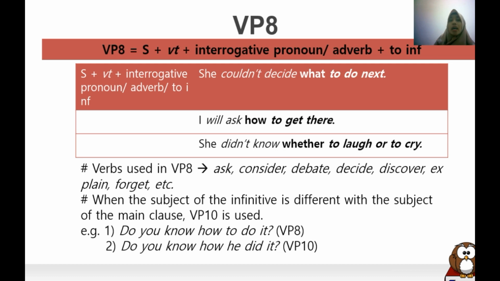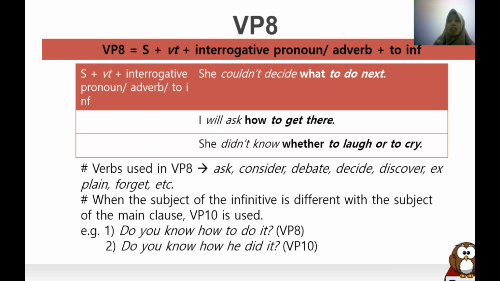Second example, I will ask how to get there. I here is the subject, will ask here is the VT, and how to get there here, how is the interrogative adverb, and then to get there here is the to infinitive.